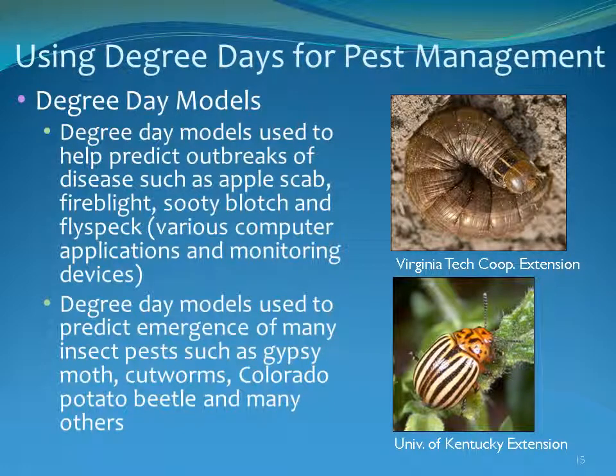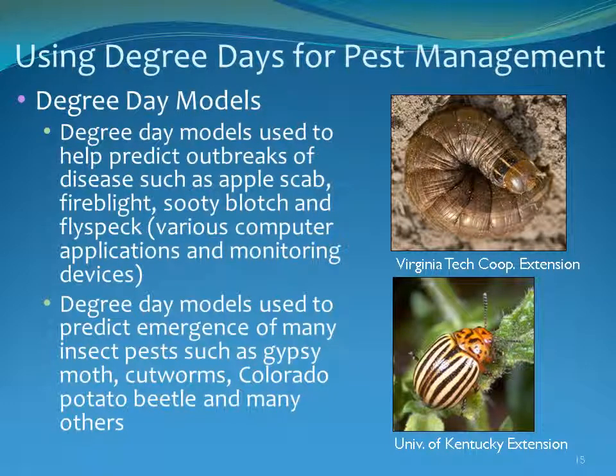So then the degree day models, we have models for many, many different insects, particularly those that are agriculturally important. But we also use degree day models to predict some disease outbreaks.